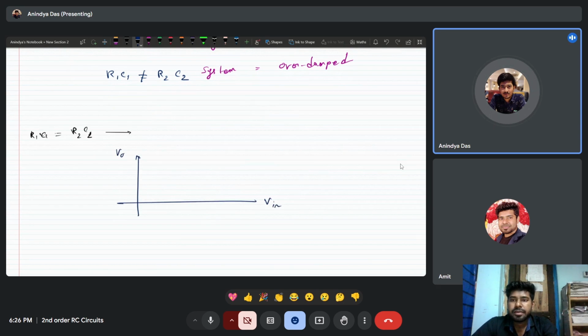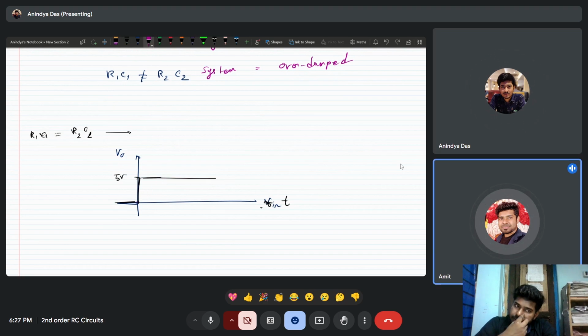Suppose this is our time axis, and this is our V in, a step of about 5 volt. Our V out follows the input, maybe not looking exactly exponential, but it will be critically damped.